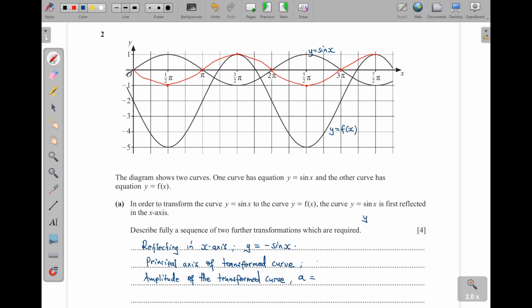If I have something like y is equal to a, let's say sine bx, then plus c. So I'll have 1, which is that c, right? 1, then plus the minimum is this negative 5, then divide it by 2. So negative 4 divided by 2, that is negative 2.